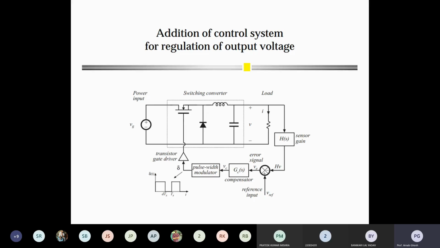So I have told you the variations of your input voltage, variations in your load current, and variations in your temperature. Normally a regulated power supply has a feedback circuit to compensate for such changes and keep the output voltage within specified limits.